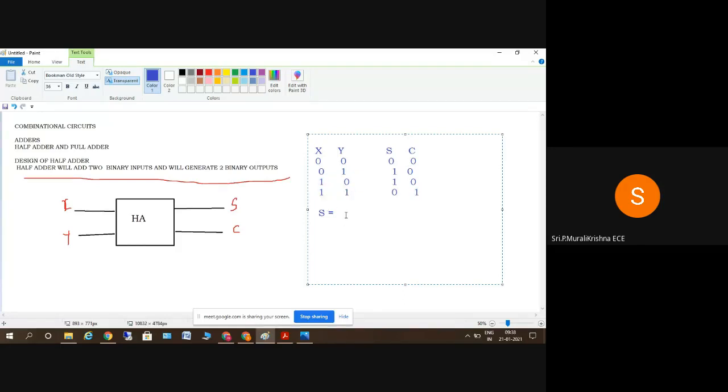So the S value can be written as X bar Y plus XY bar. Yes or no? Yes, sir.